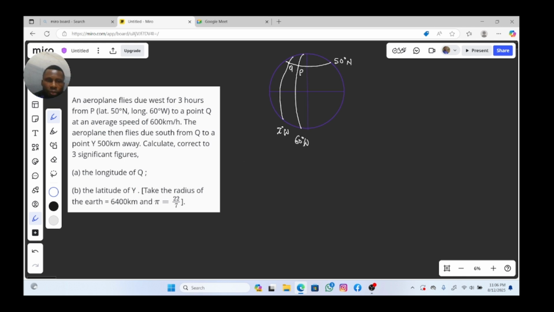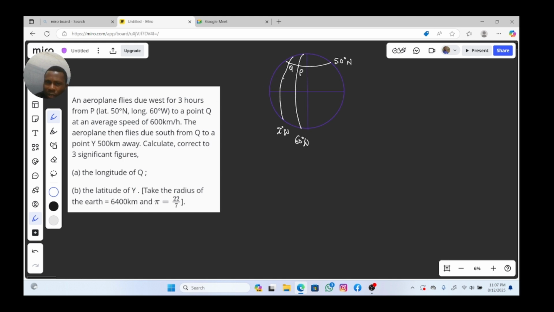Okay. Now if you look further, you see to a point Q at an average speed of 600 kilometers per hour. Now we went further to say that the aeroplane then flies due south from Q. So that means it's along this longitude X. From Q to a new point Y, 500 kilometers away.